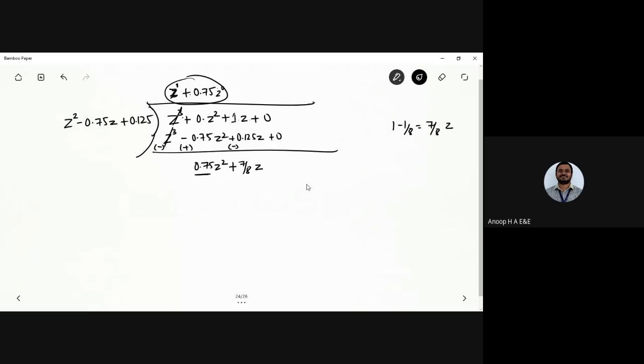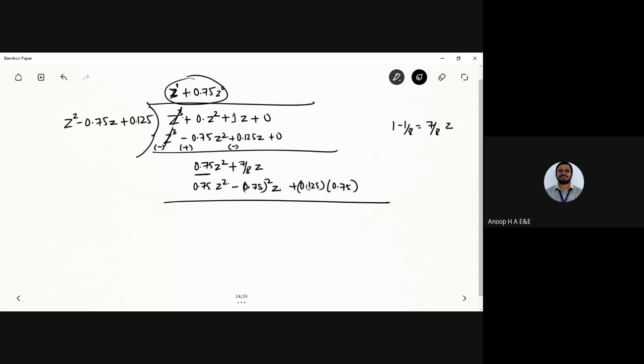So now what I can do here is 0.75 z squared, 0.75 into 0.75 minus 0.75 the whole square into z. Next, 0.125 into 0.75.